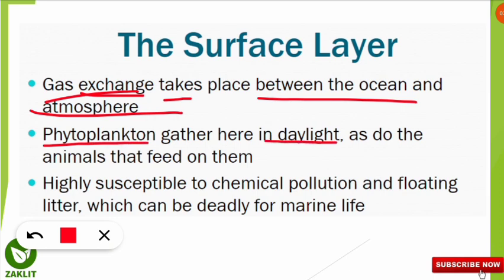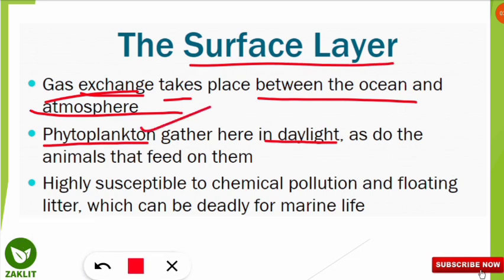So daylight में phytoplanktons come to the surface portion of the ocean. What for? To do photosynthesis. Yes, they are a type of plant, so they need light; they come to this surface layer in the daytime to gather light to make their food, and animals then feed on them. So phytoplanktons are further eaten by zooplankton, small fishes, krills, and large fishes.